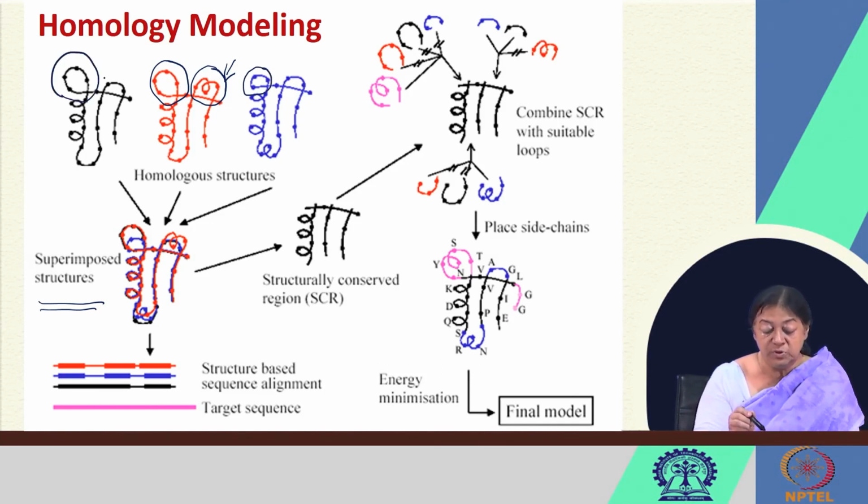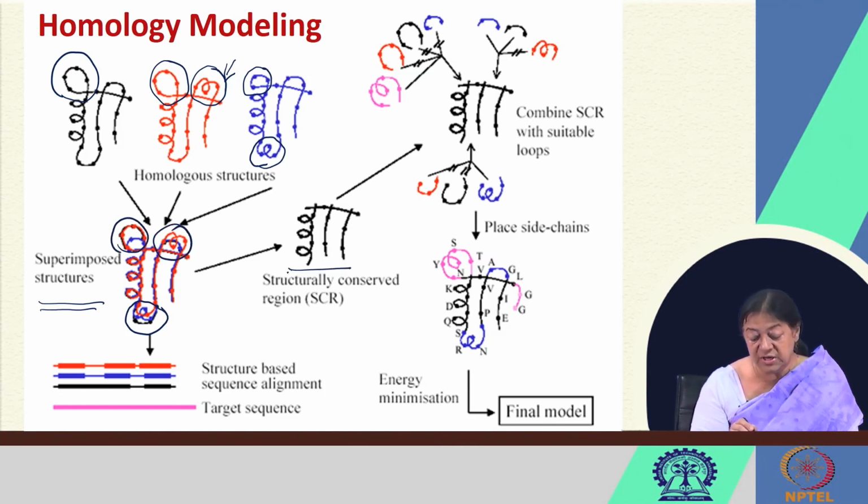So, if we superimpose these structures, then again we have this additional sort of a turn here. If we superimpose these structures and look at a structure based sequence alignment, as it is called, we will see variations around certain regions, but there are the structurally conserved regions, that is the rest of the protein.